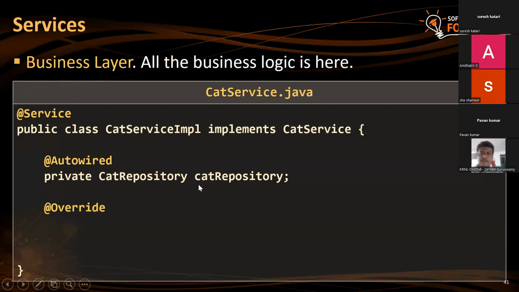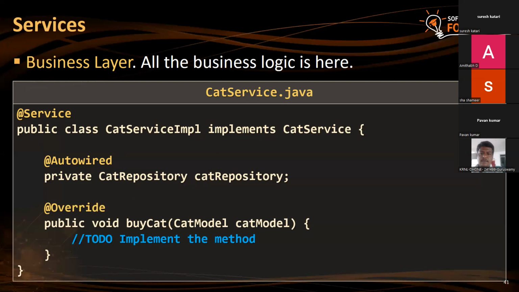So in the implement method, any kind of implementation I can do here. The repository dot save will save a new record, the repository dot get if you want to get something, the repository dot find by ID. Everything will be called by using the repository object.